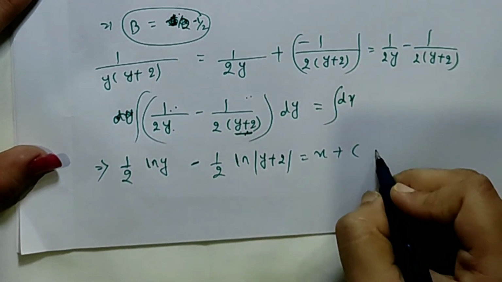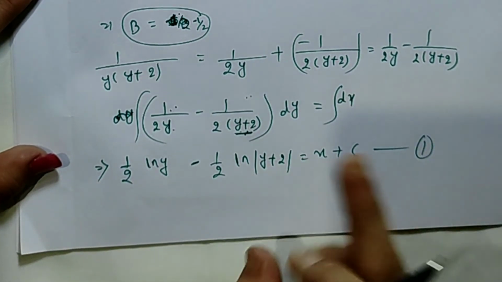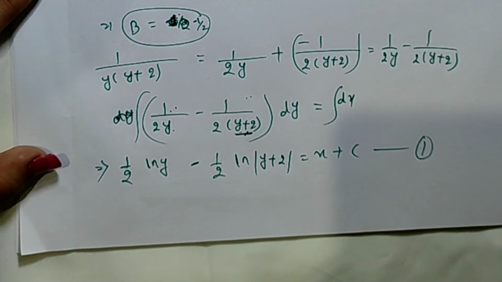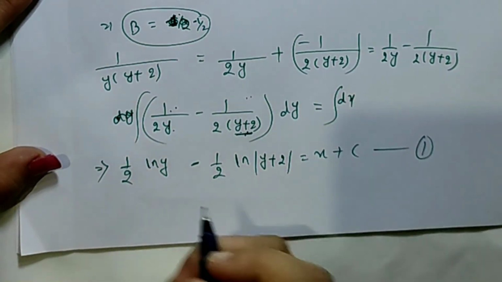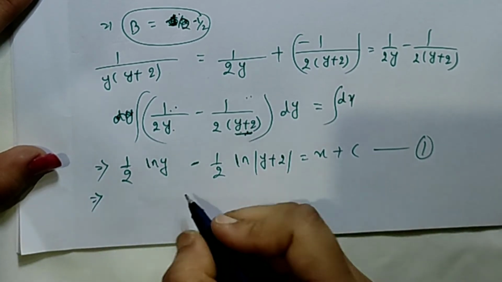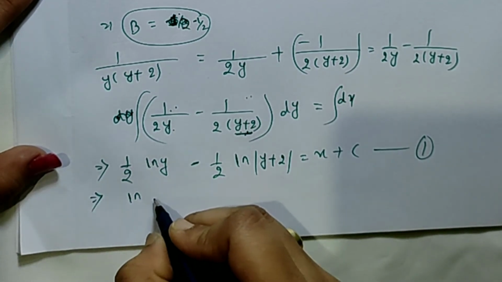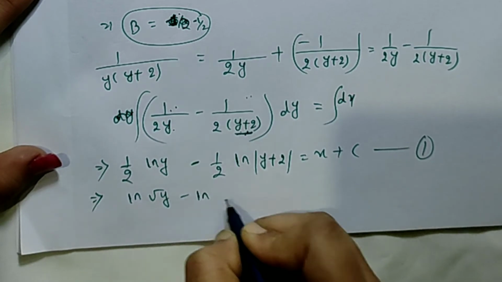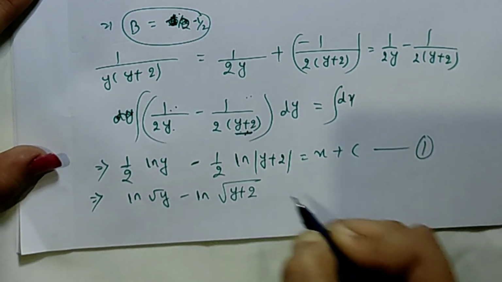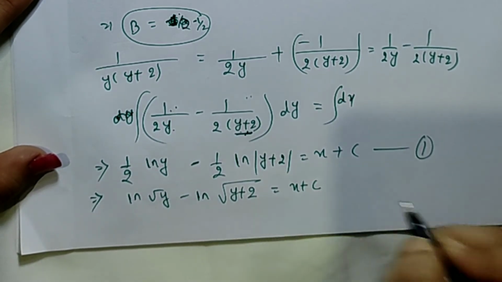This is your answer. Absolutely, this is your answer. But anyone who wants to solve this question further in one step, then we can do it as 1 by 2 ln y minus 1 by 2 ln y plus 2 is equal to x plus c.